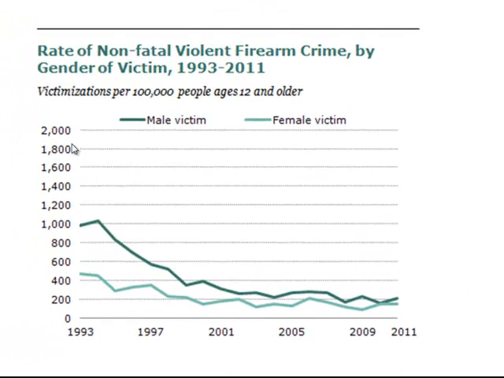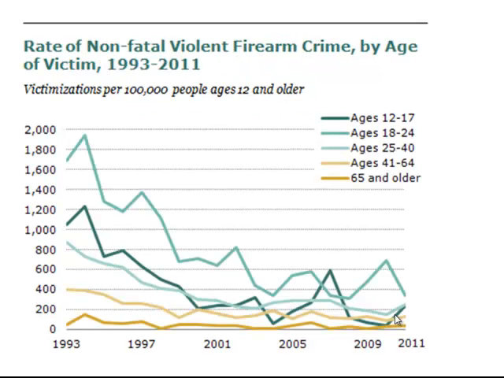This is rate of non-fatal violence from firearm crime, males and females, much higher back in 1993. This is 1 in 100. Look at this tremendous drop. Again, we don't think this, do we? We think about the violence in our society.